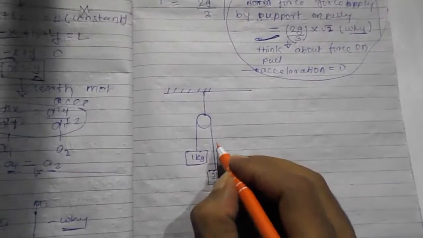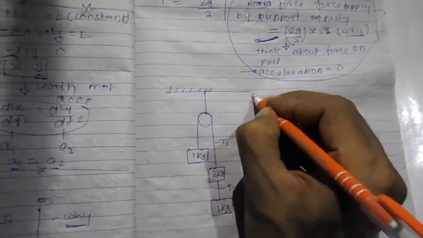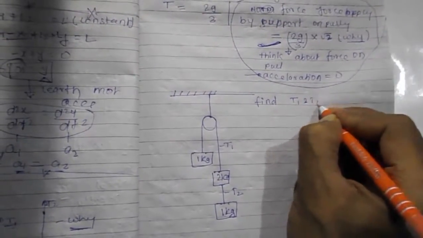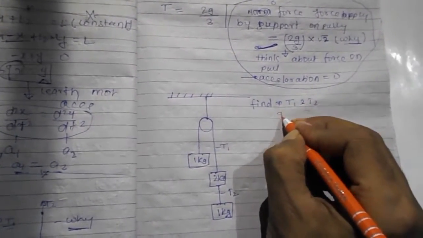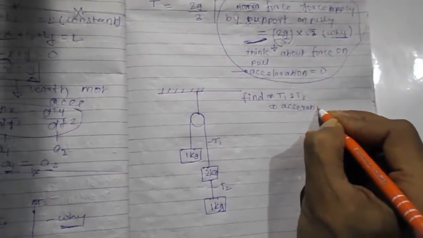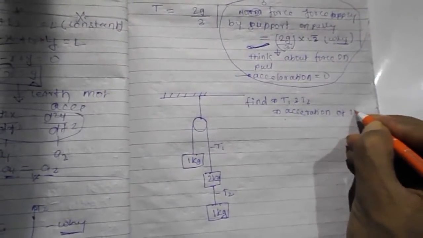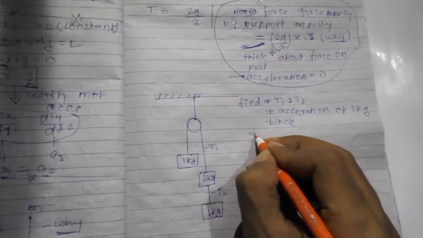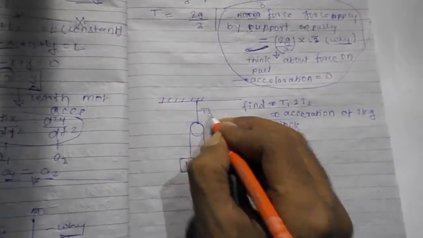So find T1 and T2. That is the first question. Second is the acceleration of the 2 kg block. Third is T3. Okay, third is T3.